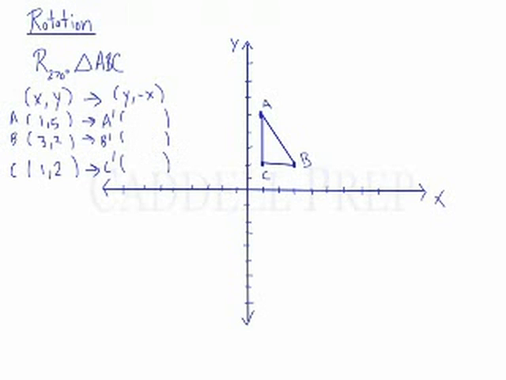Okay, so to make this switch, we're going to take this y coordinate and list it as the x coordinate of the image. So 5, the y coordinate of A, is going to be the x coordinate of A prime. Then we take the x coordinate, make it negative, and that's going to become the y coordinate of the image. So we take 1 and write negative 1 for the y coordinate of A prime. Now B to B prime, we take the y coordinate first.